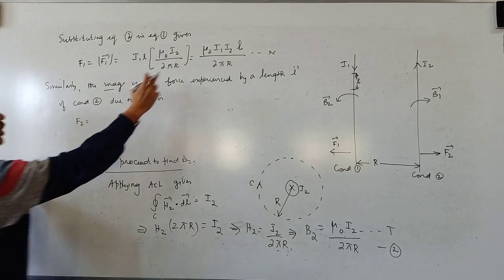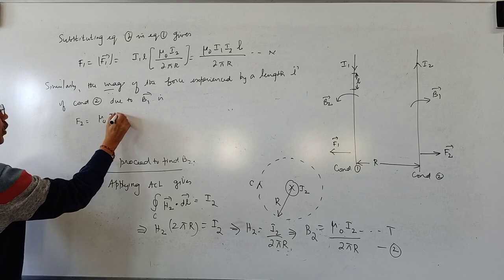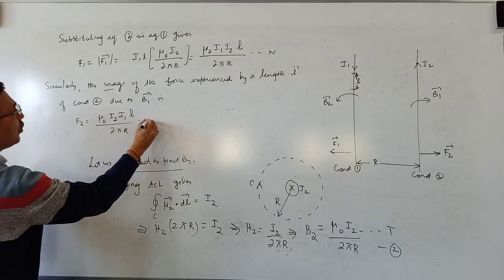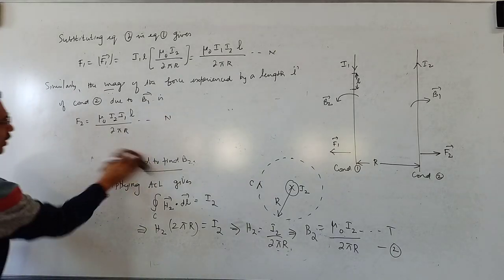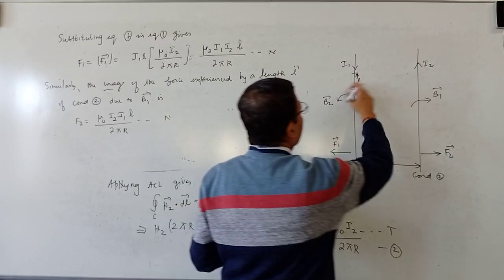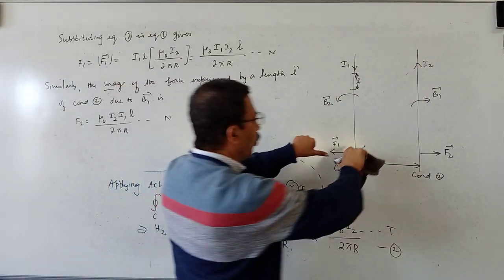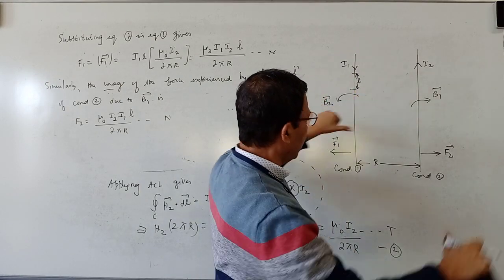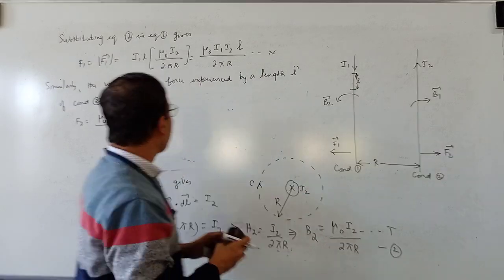Interchanging the subscripts 1 and 2, you get mu naught I2 I1 L divided by 2 pi r newtons. Magnitude remains the same. Please note that when the currents are flowing in the opposite directions, meaning unlike currents, the force is repulsive. When the currents I1 and I2 flow in the same direction, the force will be attractive. This is quite opposite to Coulomb's law.